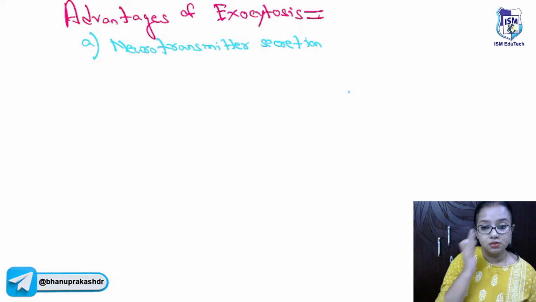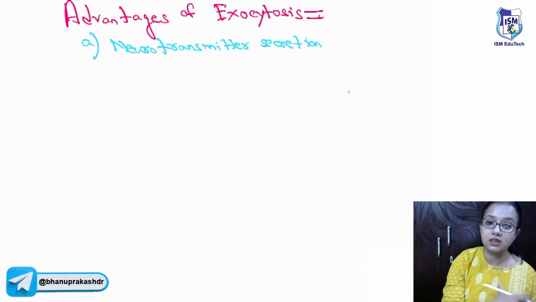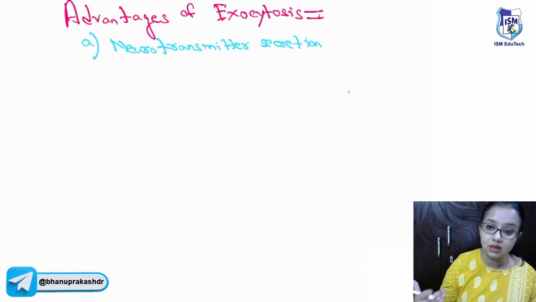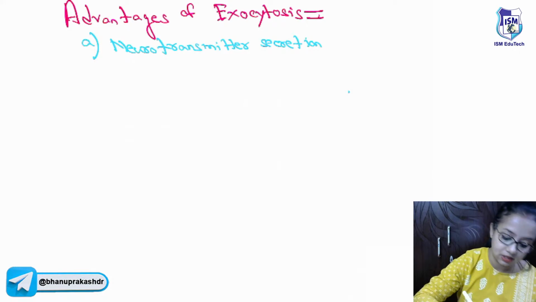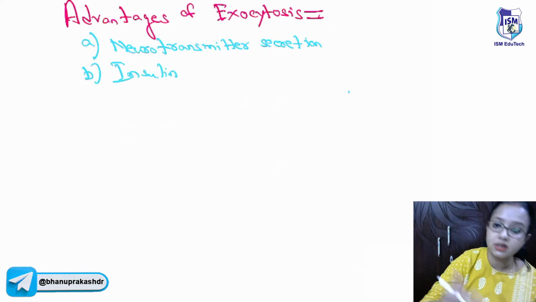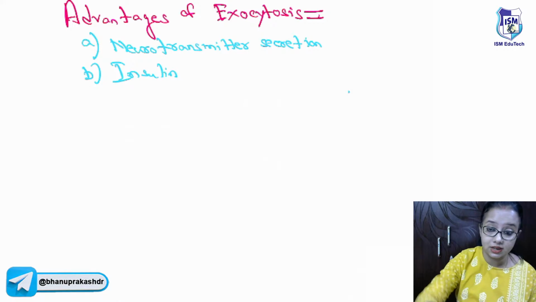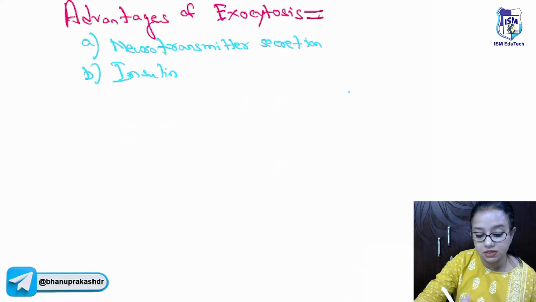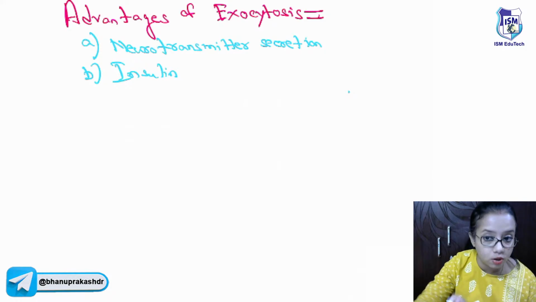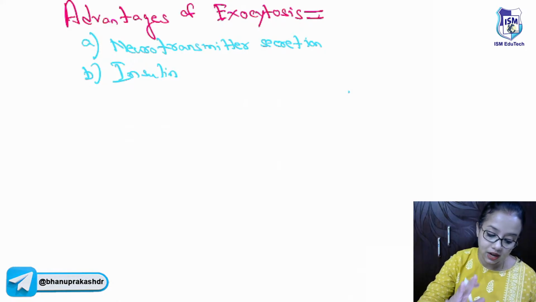Everywhere we need neurotransmitters like acetylcholine. It is so important for generating action potential, for contraction of muscles of our limbs, for carrying out motor activity, right? Neurotransmitter secretion as well as insulin secretion, very important to maintain the blood sugar level, right? It's not only in these two functions that exocytosis is there, but these are the two main, very prominent functions of the body which require exocytosis. These are the advantages.